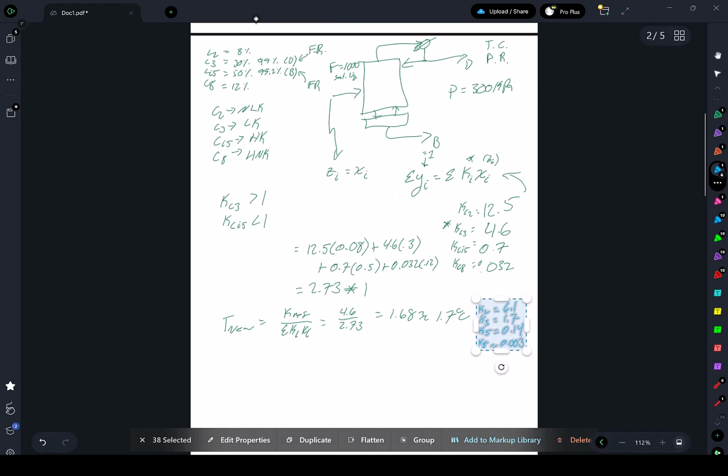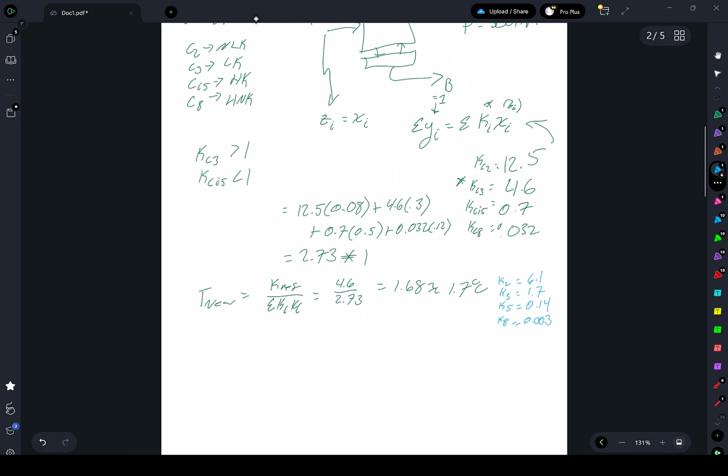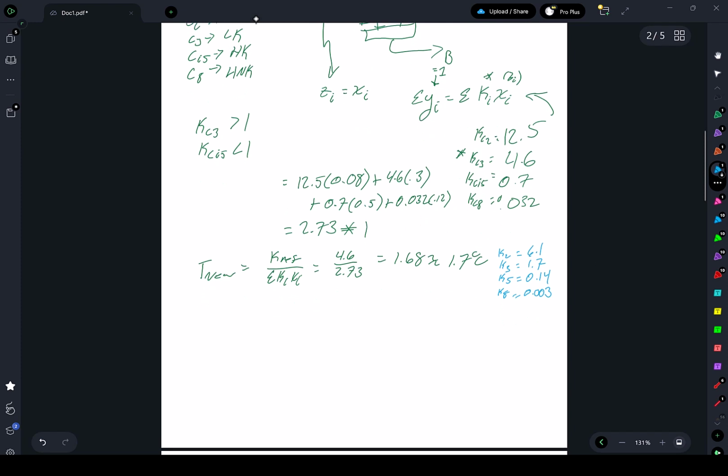Okay, so using the same formula, we're going to multiply these values by the composition. This is equal to 6.1 times 0.08 plus 1.7 times 0.3 plus 0.14 times 0.5 plus 0.003 times 0.12.